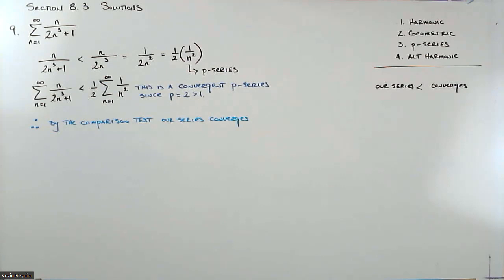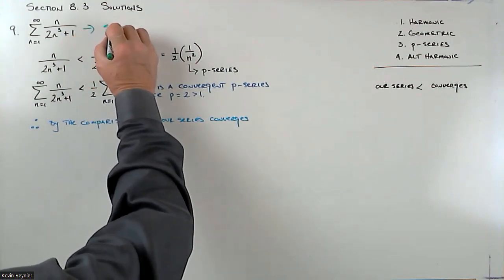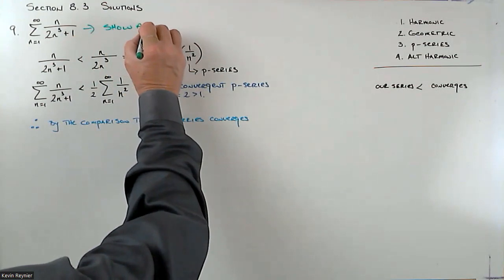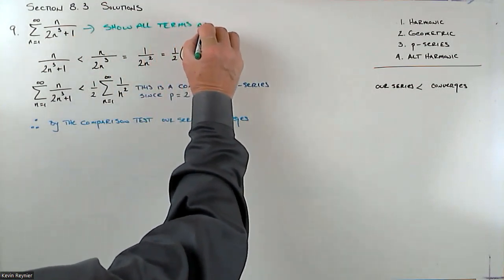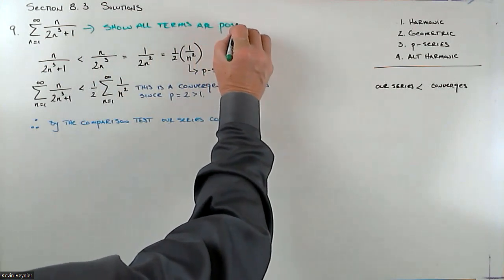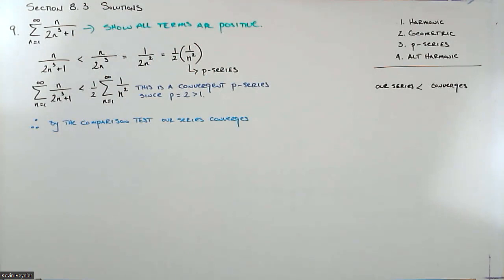Now, before we can use the comparison test, we have to satisfy the hypothesis. There's only one hypothesis for the comparison test. Back here at the beginning, we would have to show all terms are positive. But we know n goes from 1 to infinity.